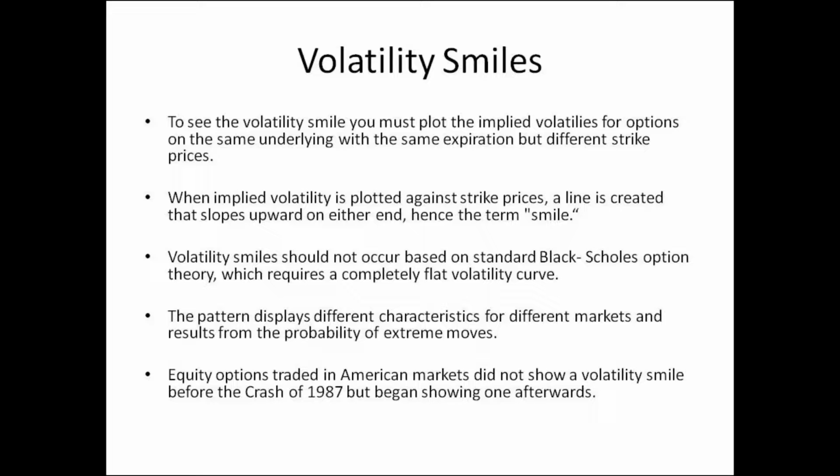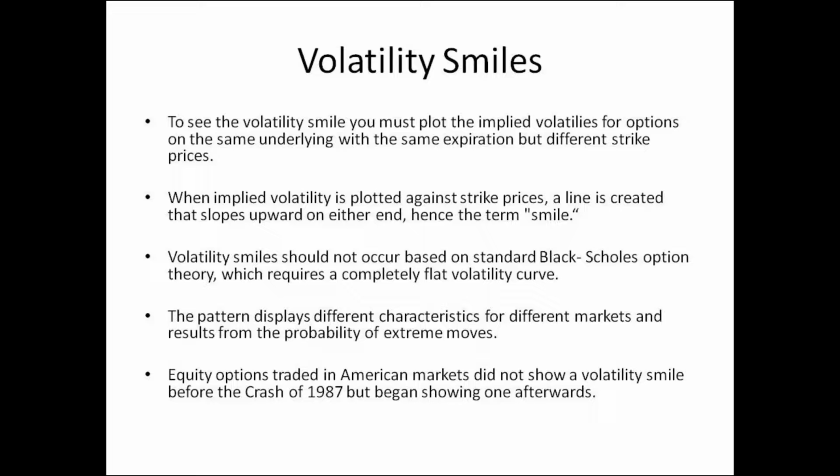But anyhow, there are many theories like this, and we don't really know the full reason, but this volatility smile or skew does exist. It's different in different markets, and we'll talk about that in a moment. Equity options traded on American markets didn't really show a volatility smile before the crash of 1987.